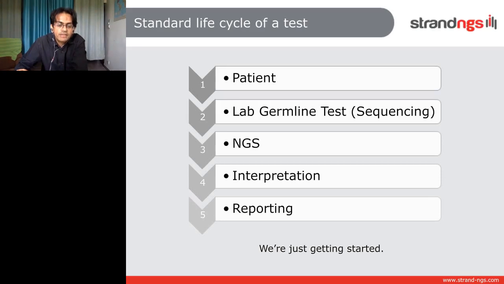And then you actually have a physical interpretation stage where people have to additionally understand the kinds of mutations they're looking at and whether they actually correspond to the diseases that are in the test, or whether they're just false positives, for instance. And then once all that is done, you actually have to report your results, right? So those are sort of the broad stages in clinical genomics, and especially this is sort of the life cycle of a germline test.